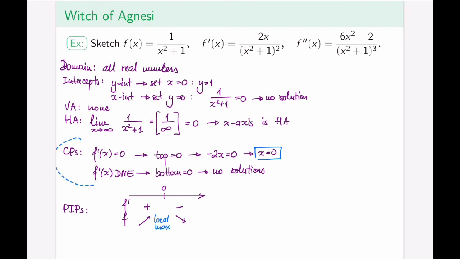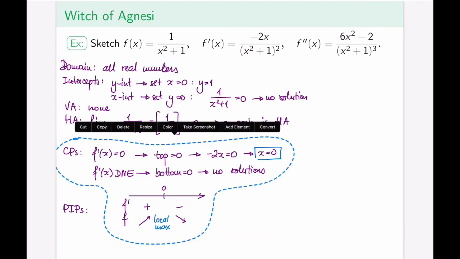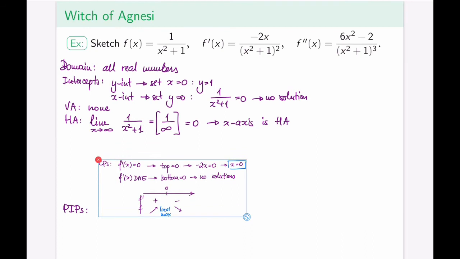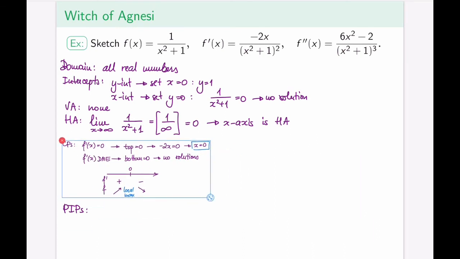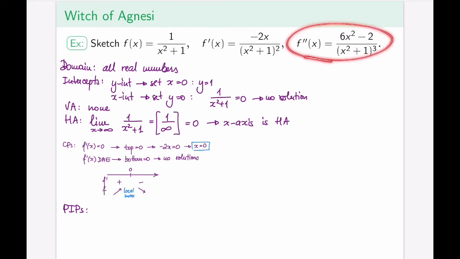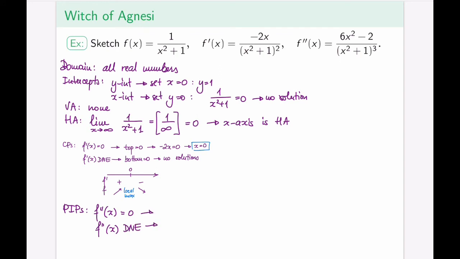Now I just have to do the exact same analysis, but on the second derivative in order to figure out potential and real points of inflection. So for the potential inflection points, I need to set the second derivative to be 0 and to find out when it does not exist. And so here the analysis is going to be identical in the sense that the second derivative is also a compact fraction.